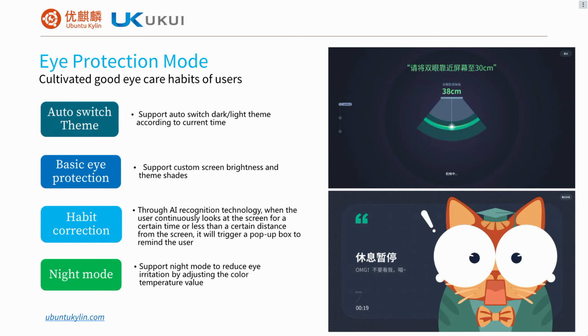It also senses the user's position, whether the eyes are staring at the screen, through the camera, and gives appropriate suggestions. The image above shows your eyes are in the right place, and the image below shows that you should take a break instead of continuing to stare at the screen.